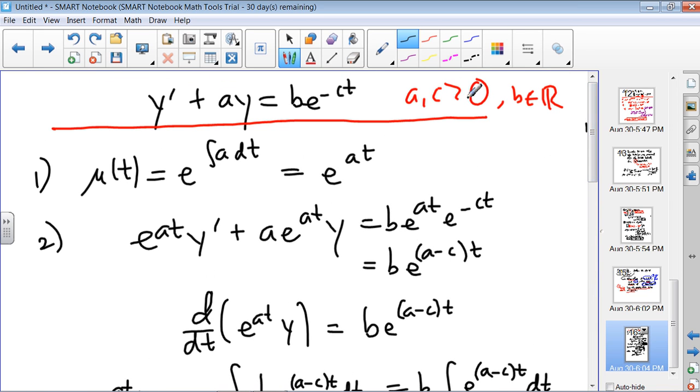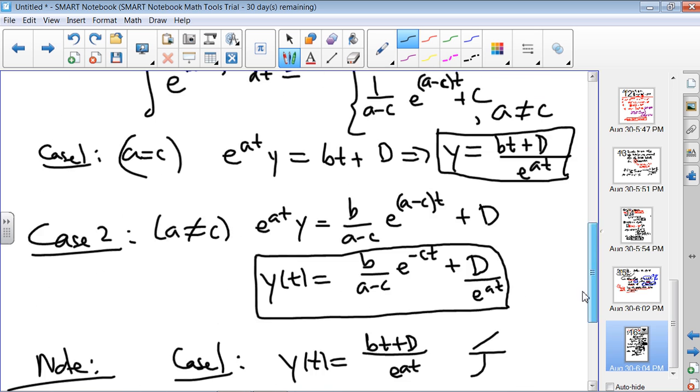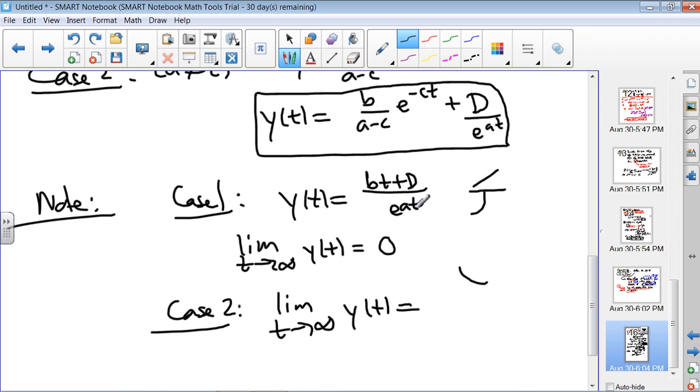If a or c was a negative number, then this might come upstairs, or this might be just e to the some positive number t, and that would go off to infinity. But since c is positive, e to the minus ct goes down to 0. And since a is positive, this bottom function keeps growing and growing and growing. And a number divided by a very large number, we learn from calculus, gets very close to 0. So we get 0 plus 0, of course 0.